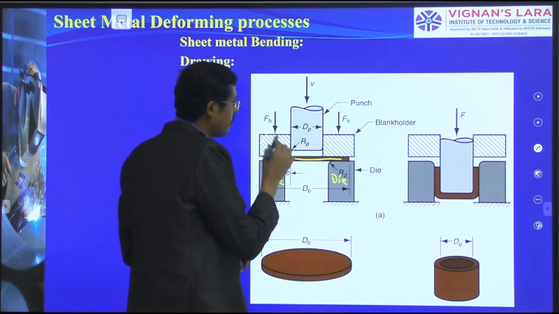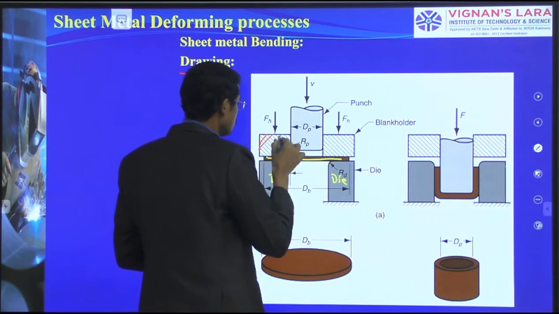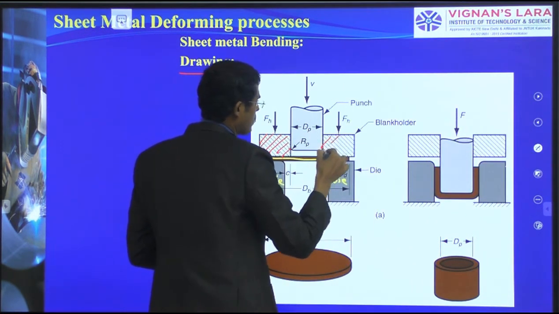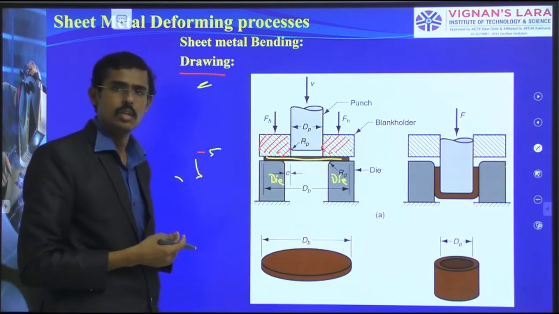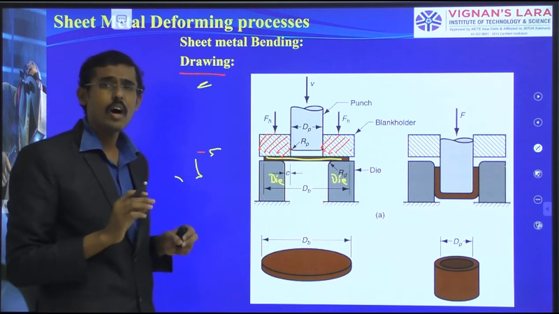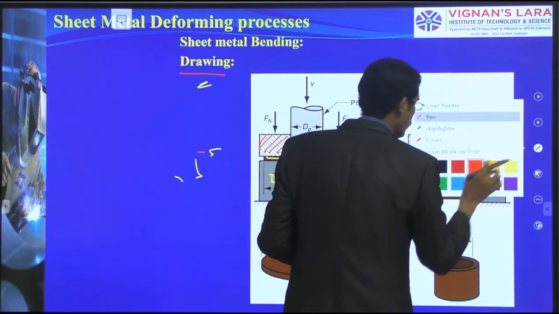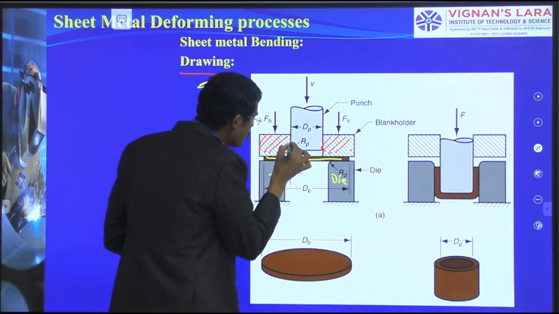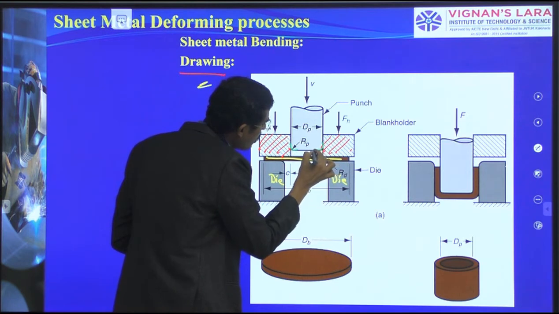So here also I have supporting dies or pads. We are keeping and supporting these things. Therefore it won't come out; slowly it will be removed. Now, I am not having a die with a sharp edge. This is lightly bent. So we are going to do the drawing operations.